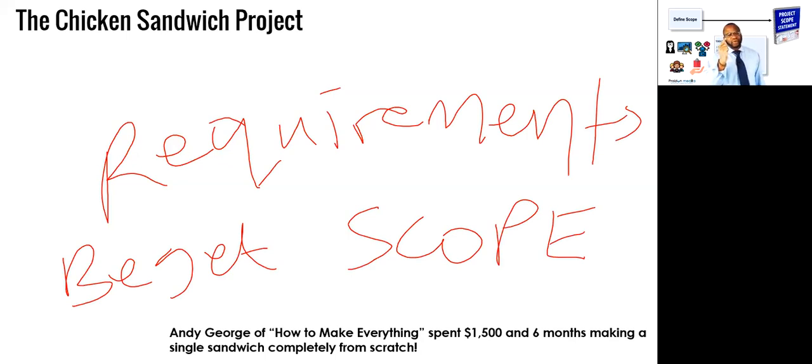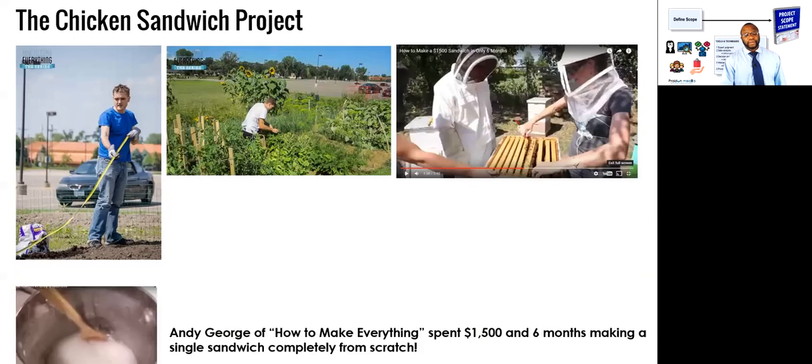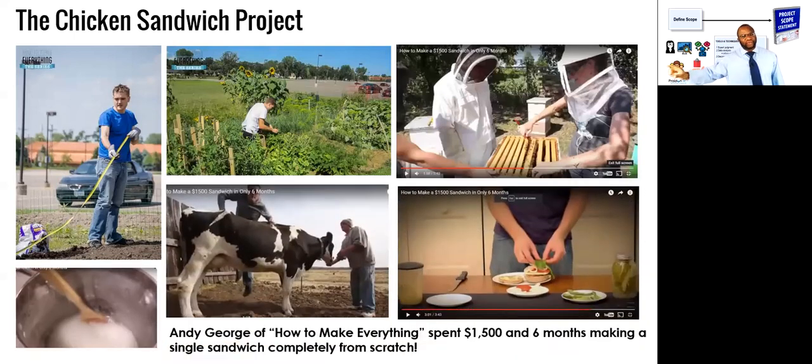One tiny little requirement, one tiny little ask, could get you hundreds of hours of additional work on a project. And that's why we need to be very careful coming in to define scope, because if we got the requirements wrong, or if we didn't filter the requirements, then we have all this work.